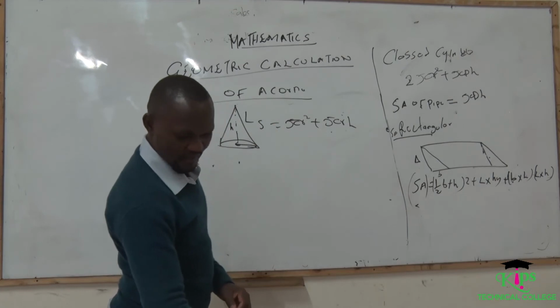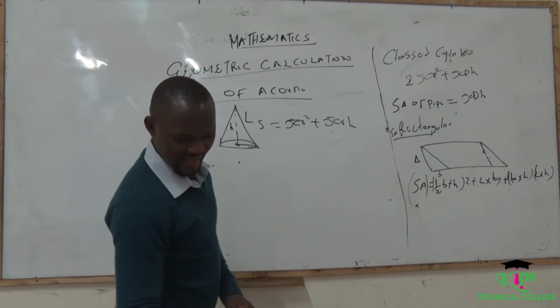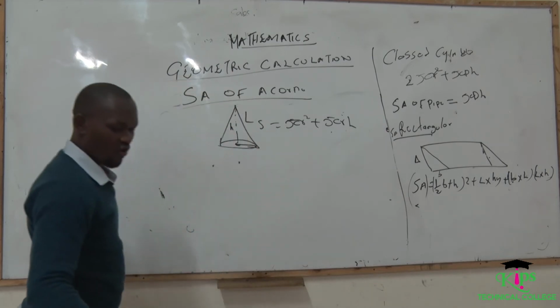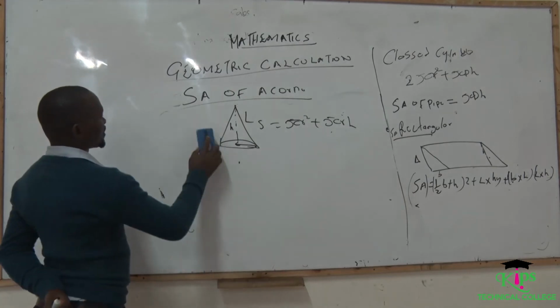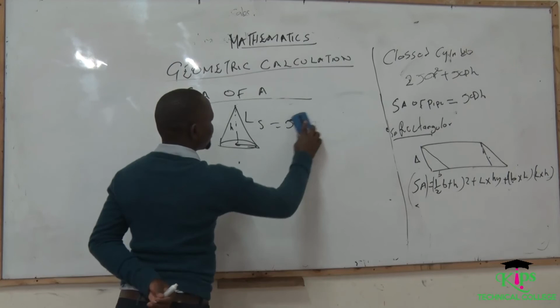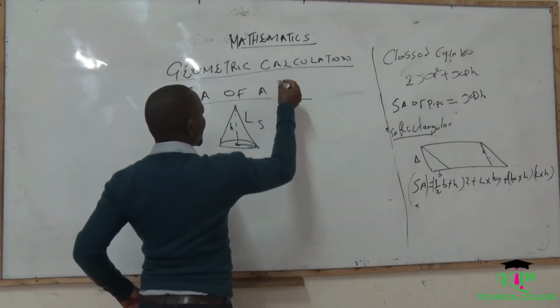Then apart from the cone, we can have another figure which is called a frustum. Let's talk about the surface area of a frustum.